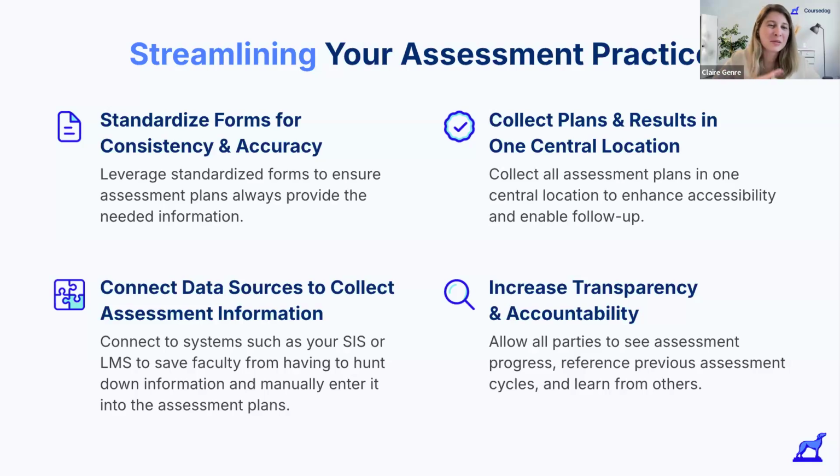The first thing, similar to the curriculum side, that we see being really helpful is standardizing what an assessment plan is, through standardized forms. What are the guidelines that all units across your institution should be following, and in what way? So what should curriculum maps look like? What type of information should they be using?